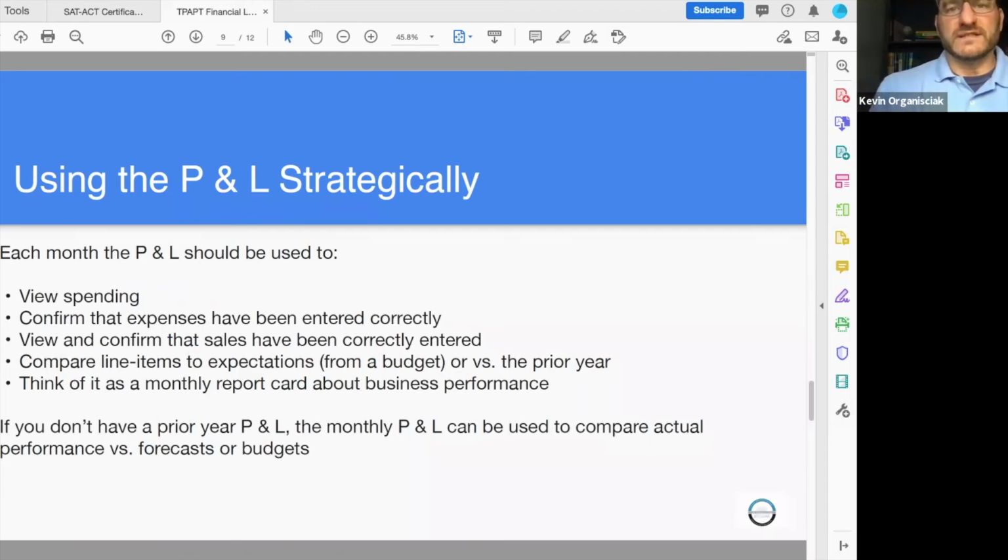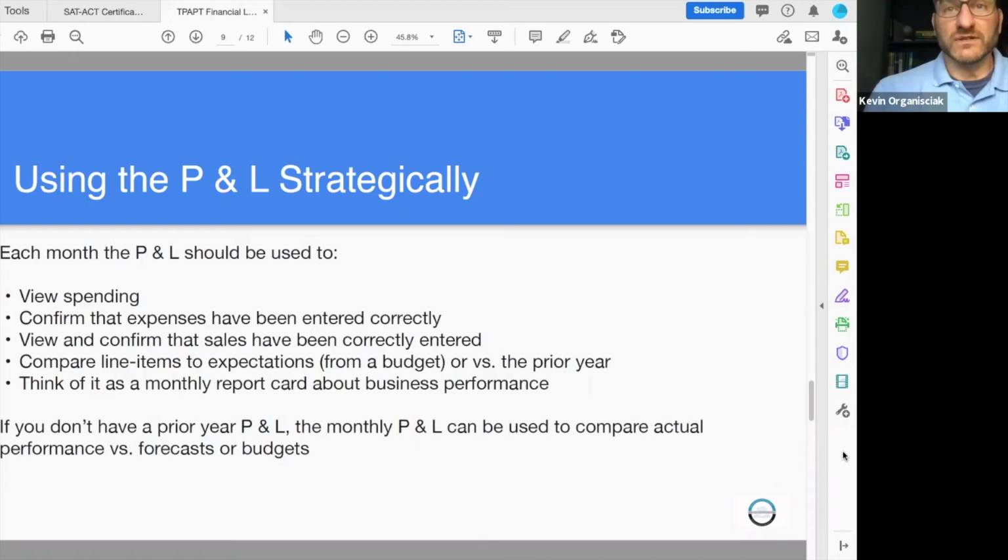So other ways to use the P&L strategically. The P&L will allow you to view spending. So sometimes you can catch if you've paid a bill twice or if you've paid for something that you shouldn't have just by auditing the line items.